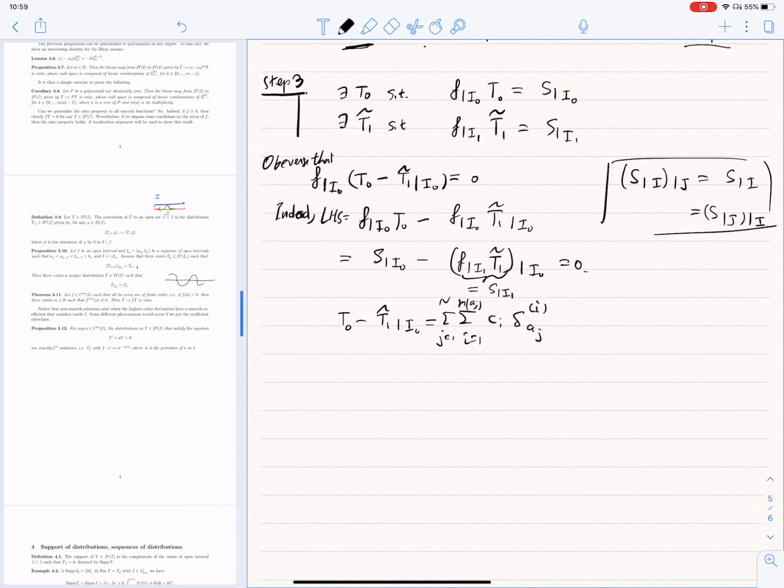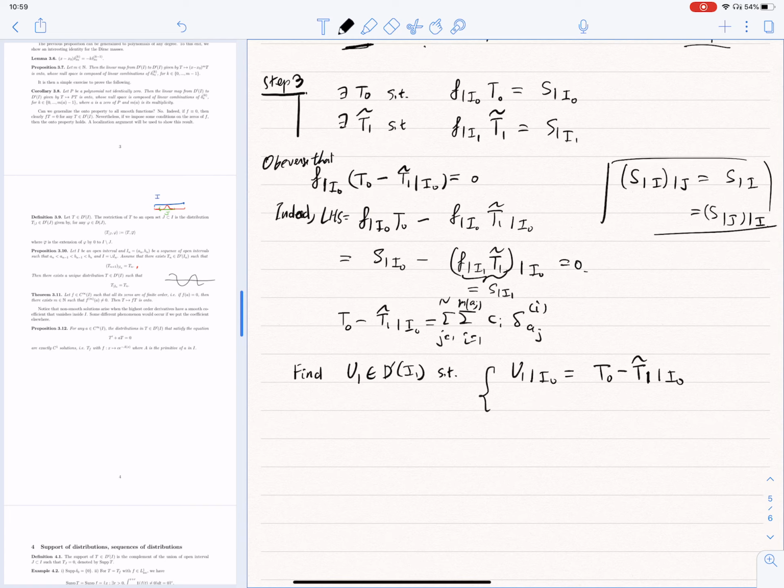Find U1, which is a distribution on I1, such that U1 restricted to I naught gives us this whole linear combination of Dirac masses with derivatives.